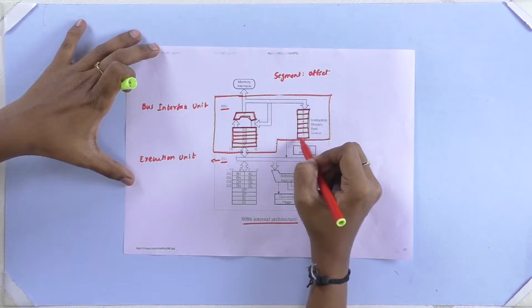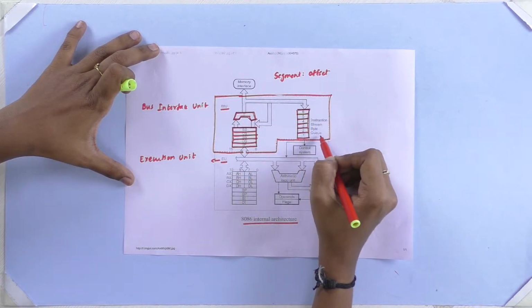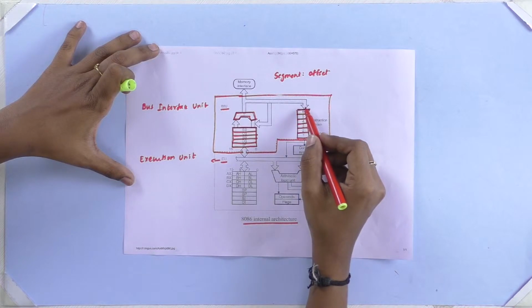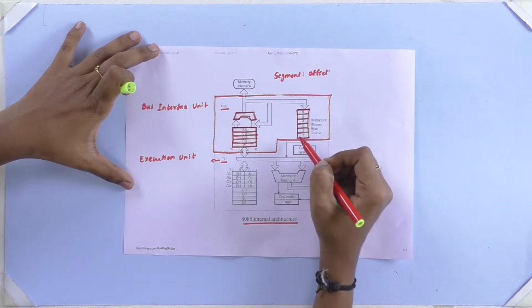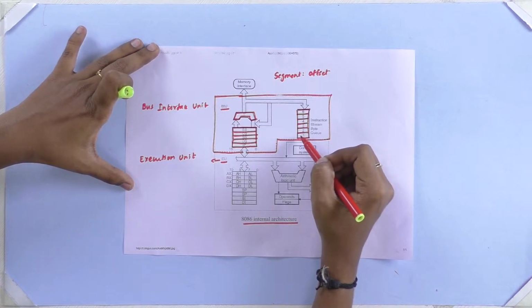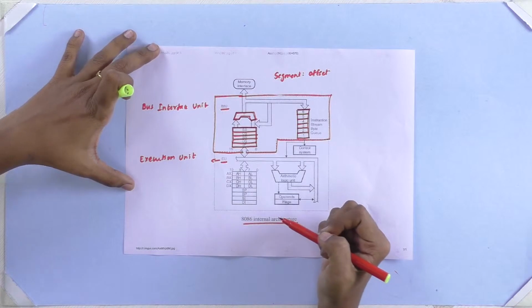This queue is responsible for prefetching the opcode bytes for the next instruction to be executed by this 8086 microprocessor.